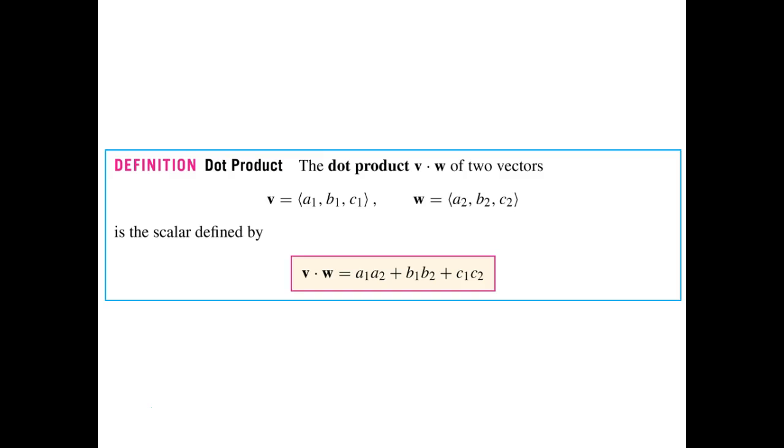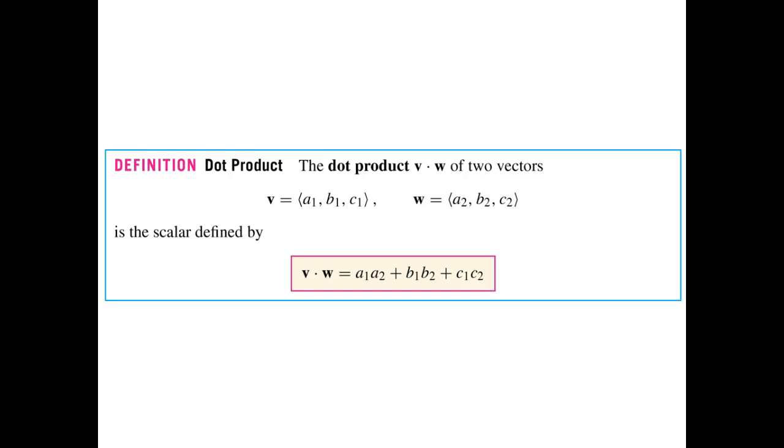It is a scalar. Dot product always turns out being a scalar. And it is A1 times A2 plus B1 times B2 plus C1 times C2. In other words, the product of the corresponding components of those two vectors, you add those products together and that's what gives you the dot product. A scalar quantity.